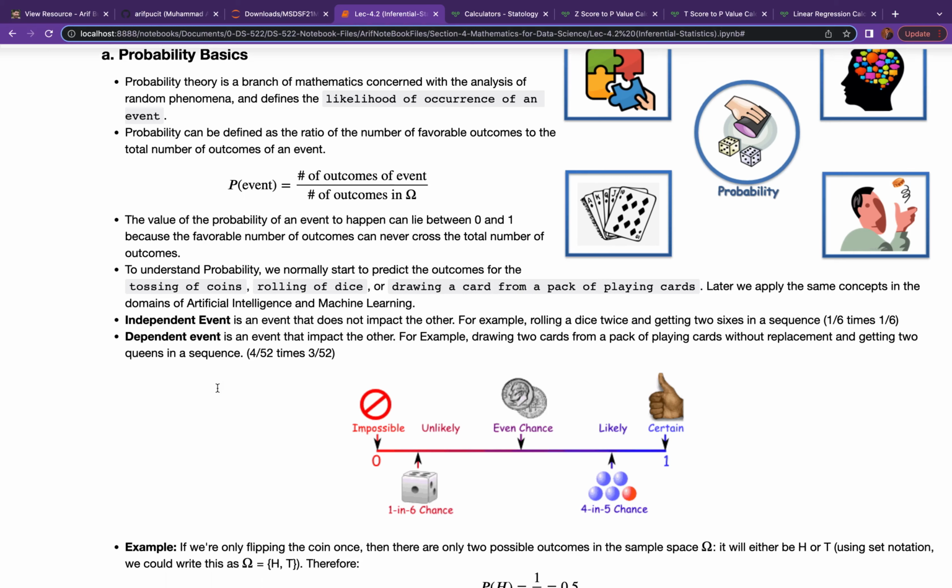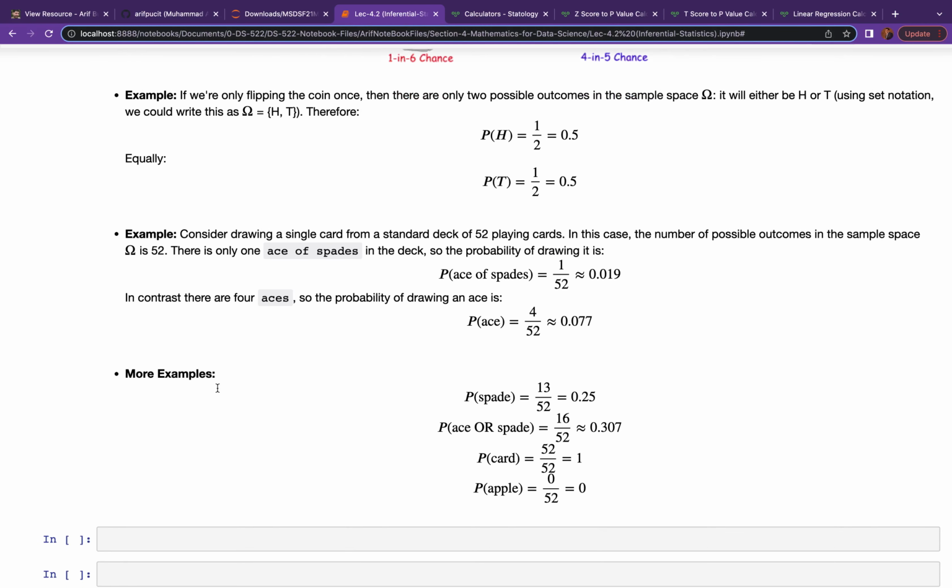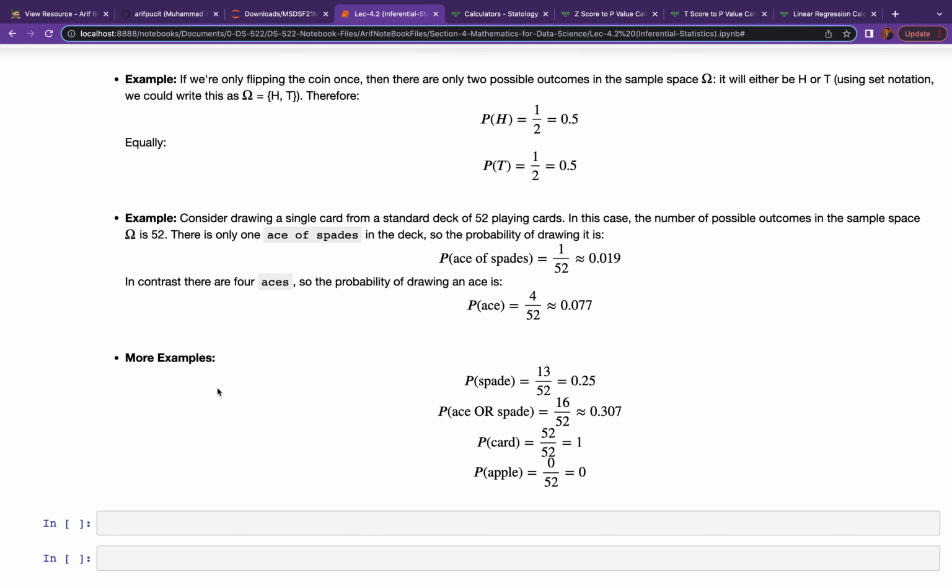And here are some very basic examples for your review. Note the probability of drawing a card of ace is 4 over 52, because the total cards are 52 and the ace cards are 4.